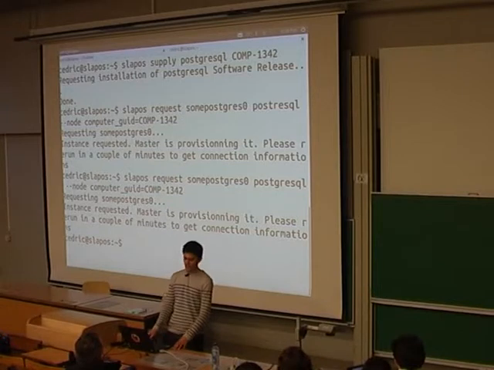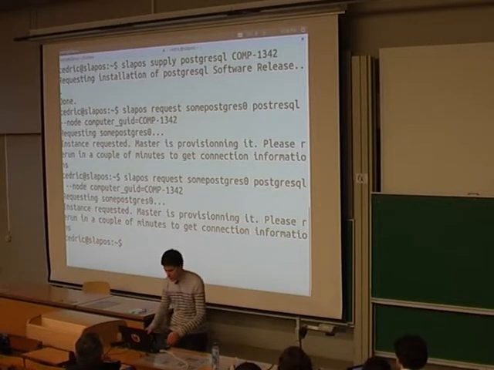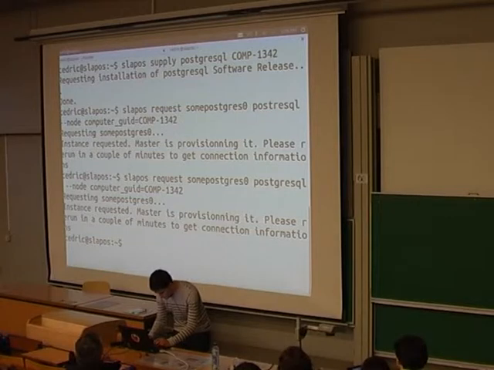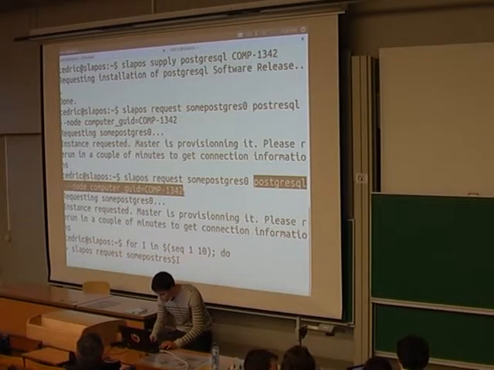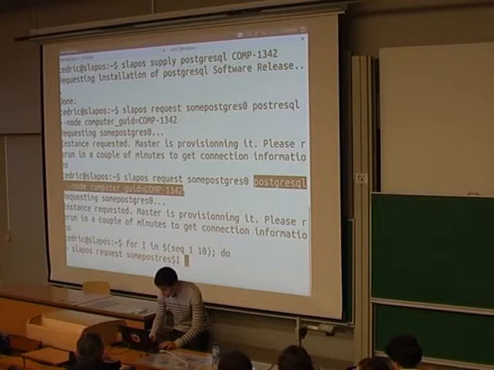So maybe I don't want one instance of Postgres on this machine, but maybe I want 10 instances. So it's very easy to do for I in IaaS, which is... Yeah, well, this is a name, I don't care.